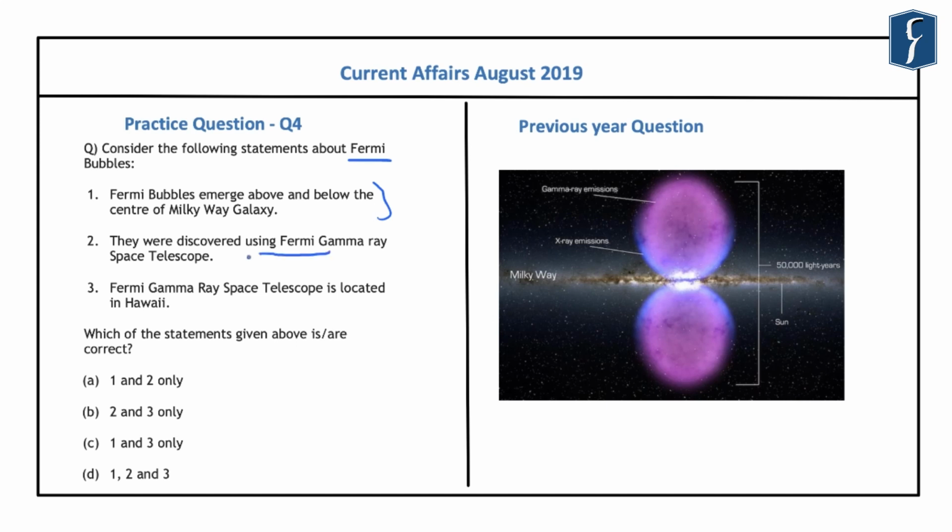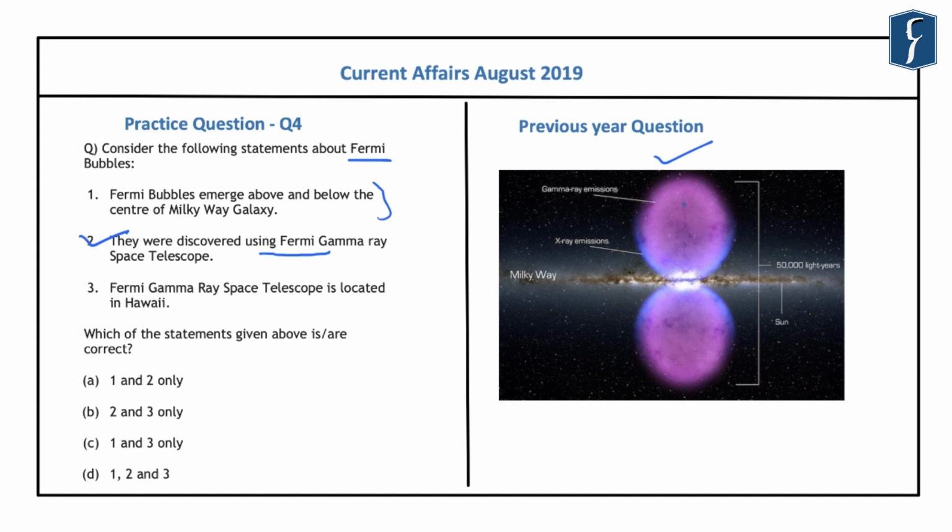Now regarding these Fermi bubbles, they have been observed or discovered using the Fermi Gamma Ray Space Telescope. And accordingly, the second statement is correct here. Again, if you look at the Fermi bubbles, they emerge above and below the center of the Milky Way galaxy, as you can see in this picture here. So these are the bubbles which emerge above and below the center of the Milky Way galaxy.